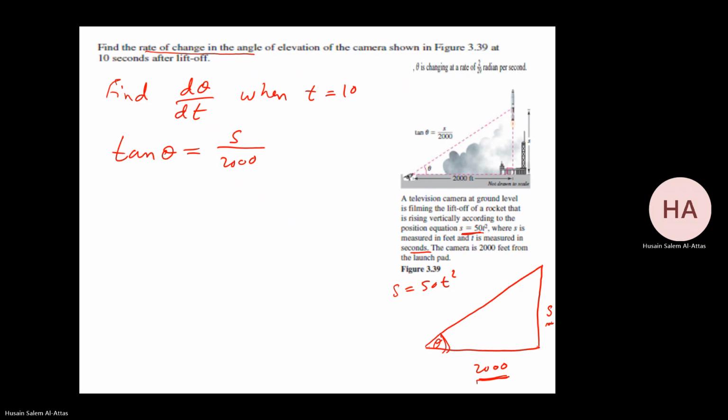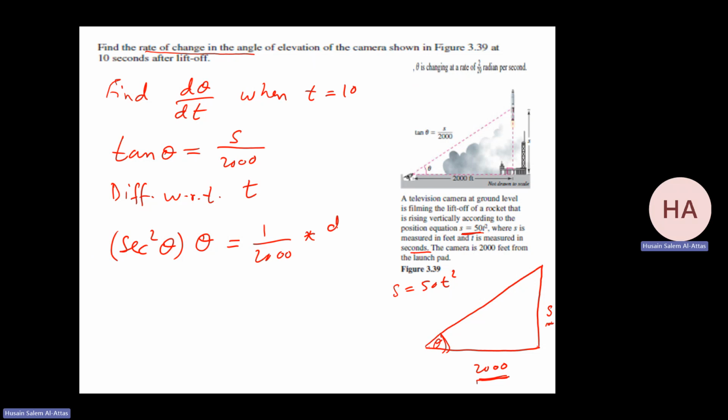Now if we differentiate with respect to t, I have here secant squared theta times d theta/dt equals 1 over 2,000 times dS/dt. Don't forget this is times d theta/dt, the derivative of tan theta.